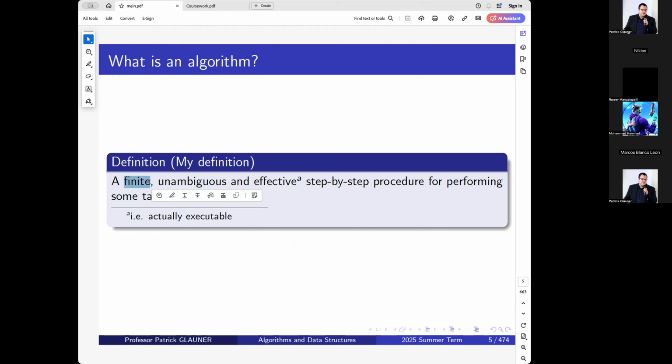And the number of instructions must be finite, so the description of the algorithm must be finite, yet the algorithm may run forever. And effective means to me things that are executable. So not just things that are made up, but something that actually can be executed, provided we have a computer available.